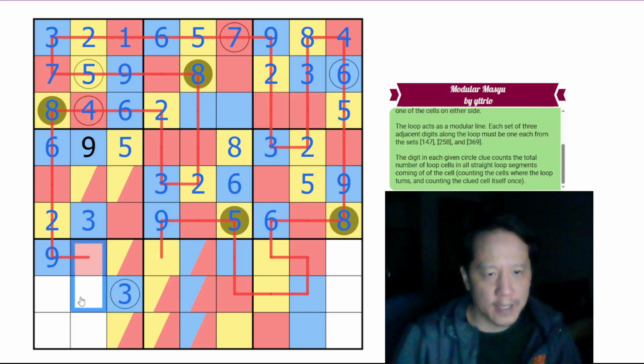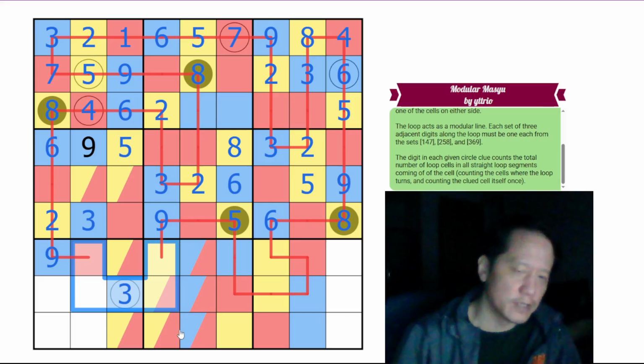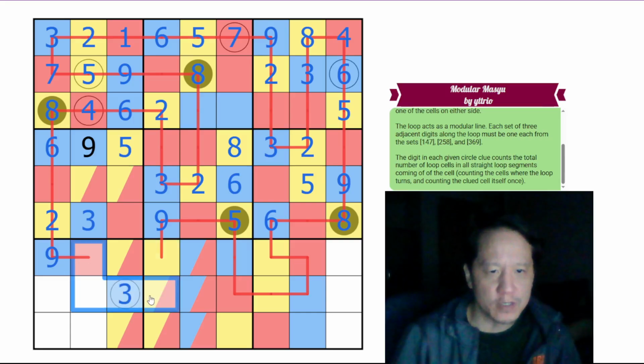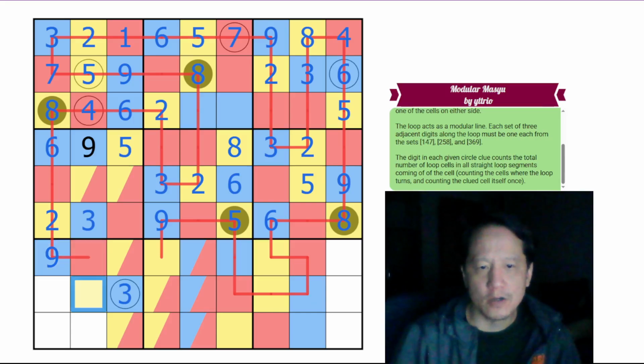So that can't, so if it goes this way, it turns directly there. What about going this way? Blue, red, yellow, blue, red, yellow, blue, red, yellow, and then it can't work. So therefore it must go this way. So blue, red, and yellow, which forces us to go straight through and then turn. So blue, red.